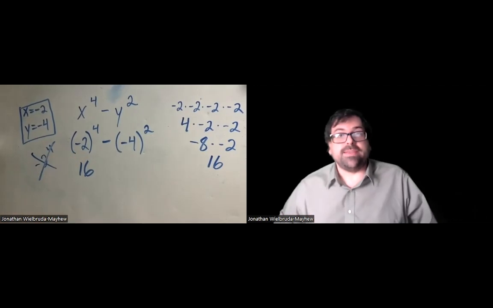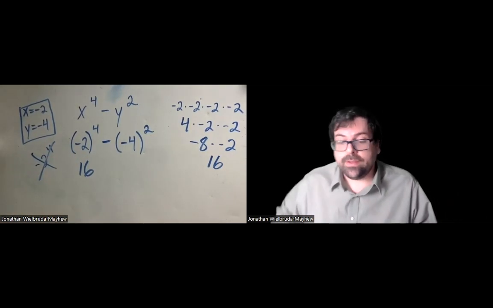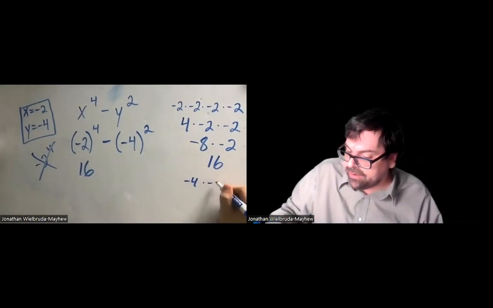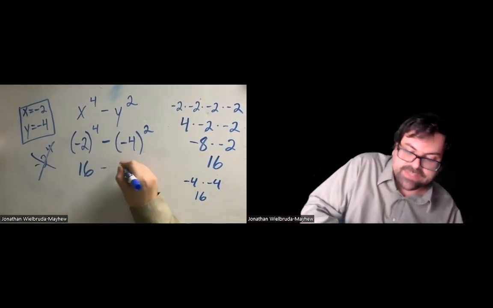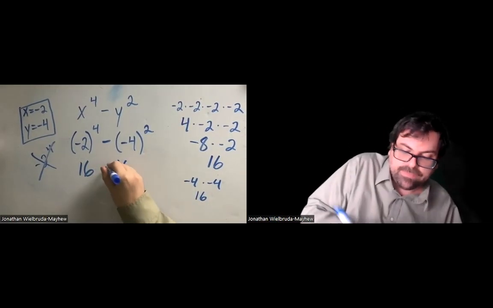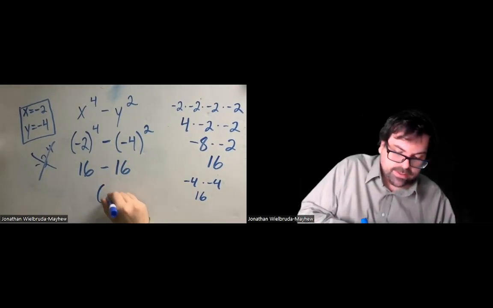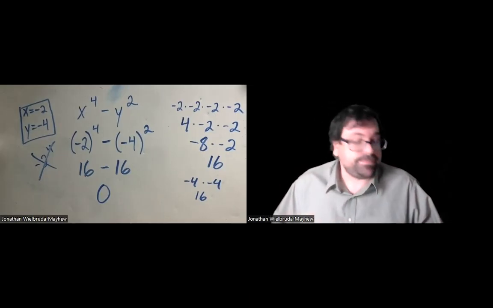There needs to be parentheses there. For -4 squared, somewhere off on the side, we do -4 times -4, which gives us +16 also. So this is 16 minus 16. 0 is our answer.